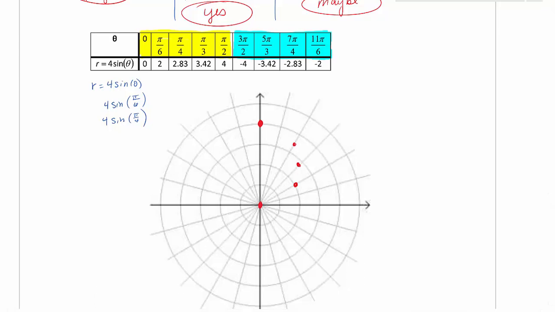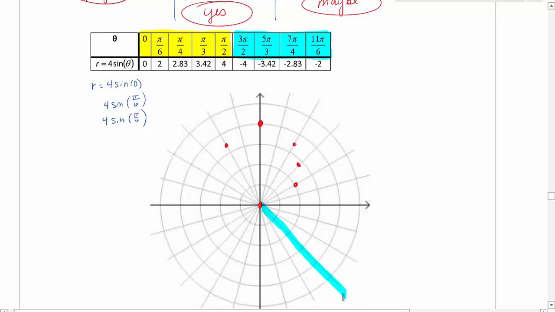Our next angle, 5 pi over 3. Again, careful there, that's 15 degrees, so we got to go 2. There's our angle, but again, we have a negative r value, so we're going to have to go in the opposite direction, 3.42 rings. Next angle, 7 pi over 4.